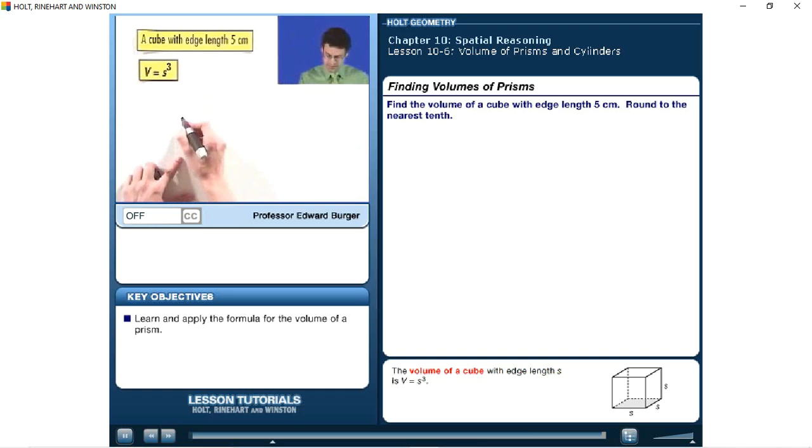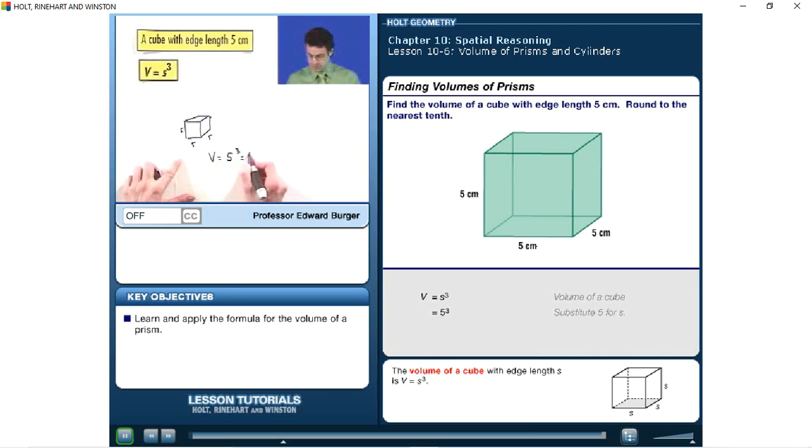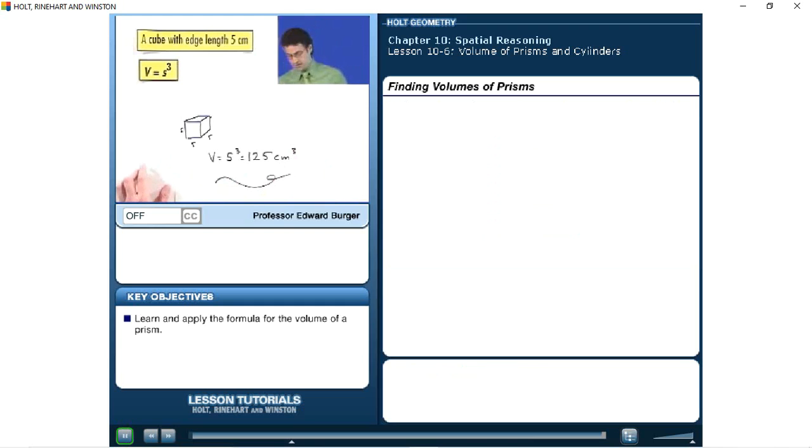And so here we see the volume of this cube, which you could sketch out here if you wanted to. 5, 5, 5. The volume would be 5 cubed, or 125. And what are the units? The units are centimeters, but it's volume, so cubed. So not a big deal at all.